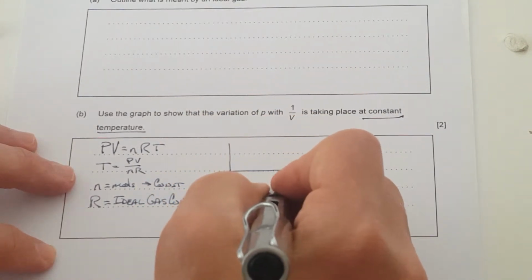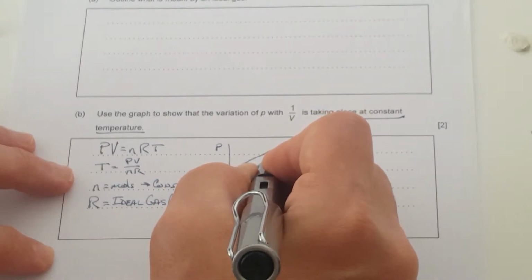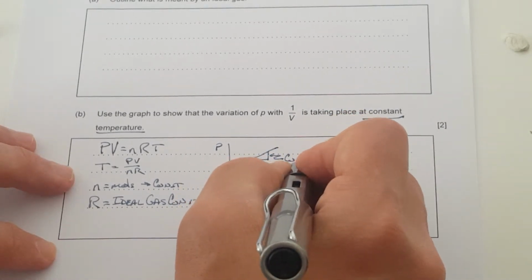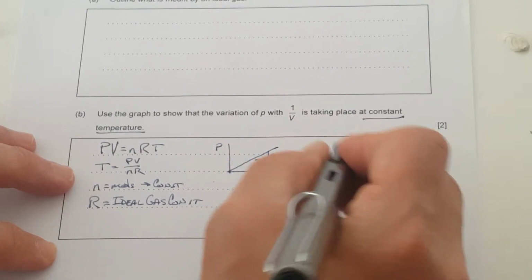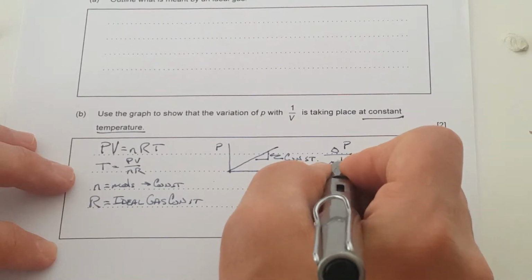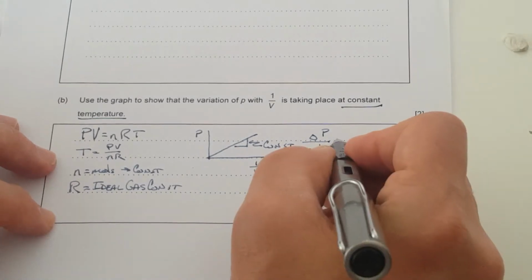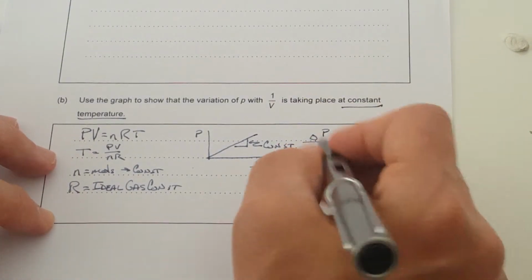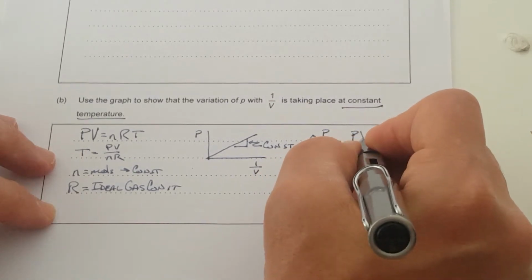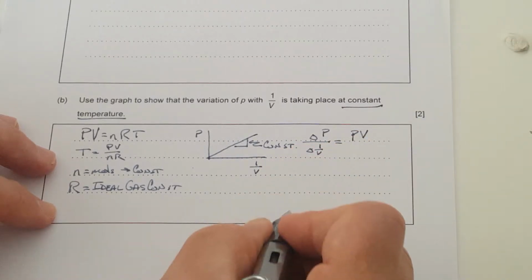If I have 1 over V and P, then the slope of that line, which we know is constant, the slope is going to be the change in P over the change in 1 over V. If I now rearrange that equation, or get rid of the fraction here on the bottom, I'd invert and multiply, coming up with PV.